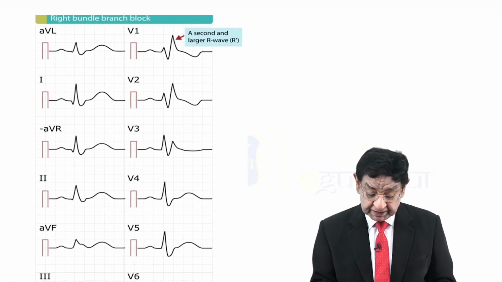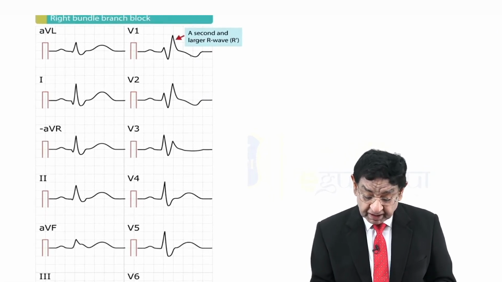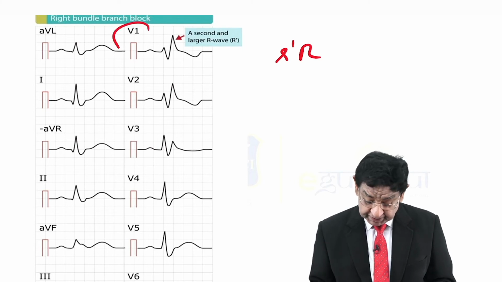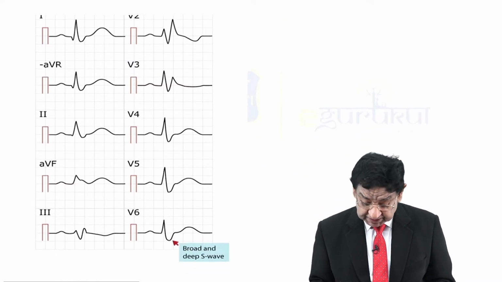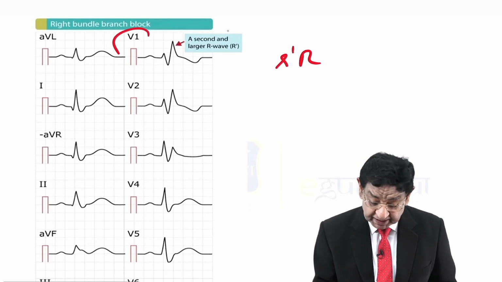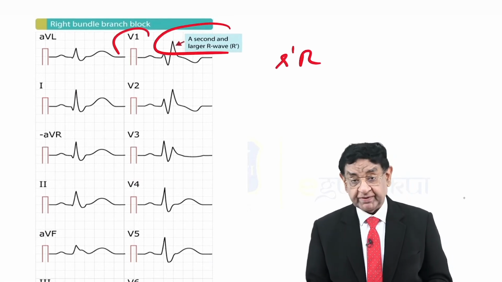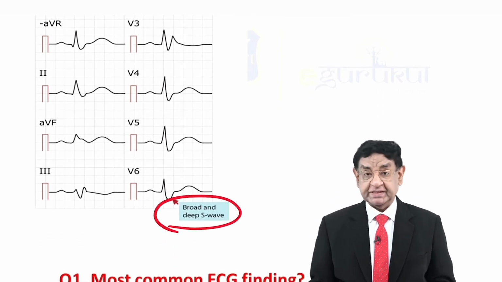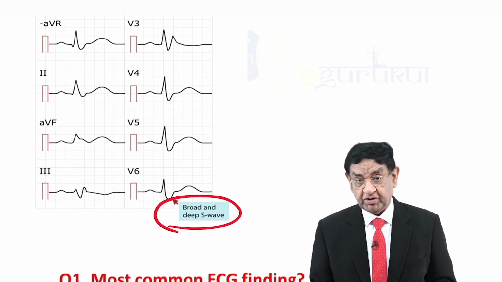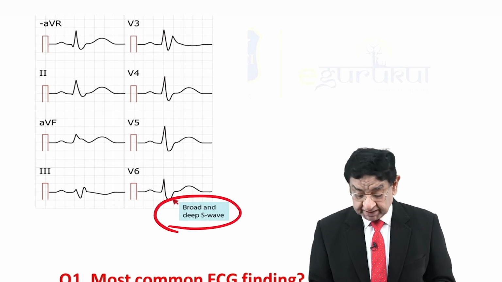You can see the RSR pattern in V1, almost an M pattern, and you are getting the classical finding of a broad S wave in V6. This is typical of right bundle branch block.